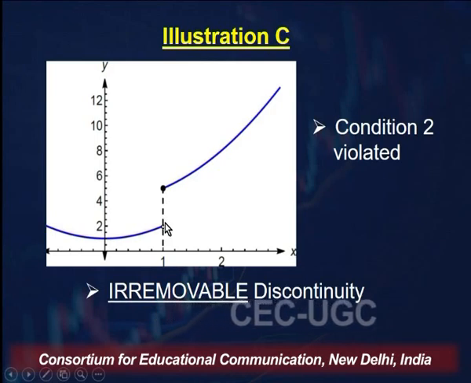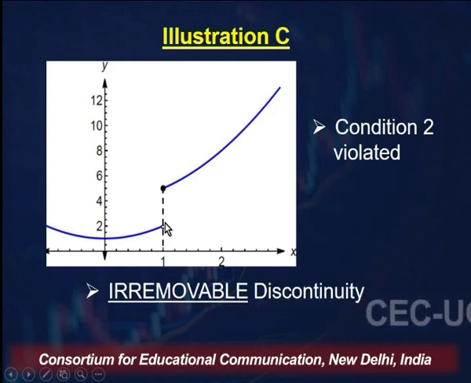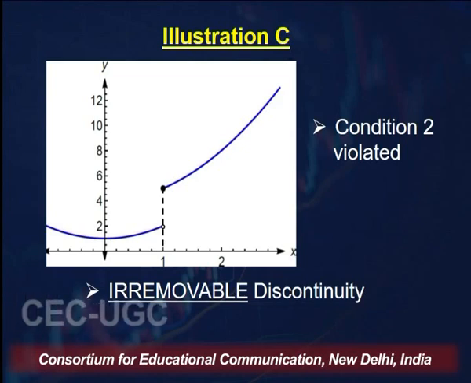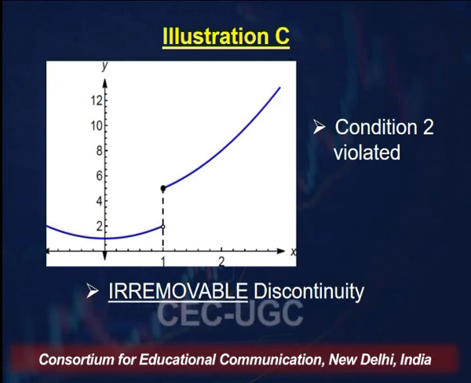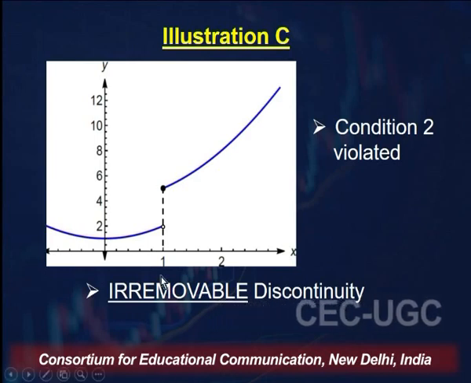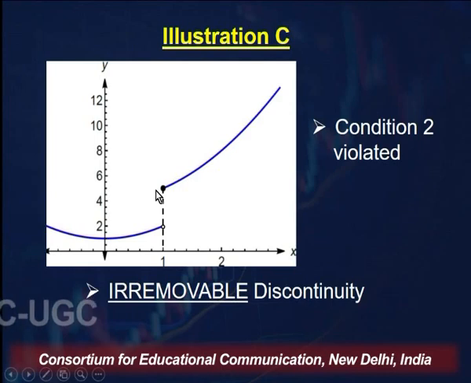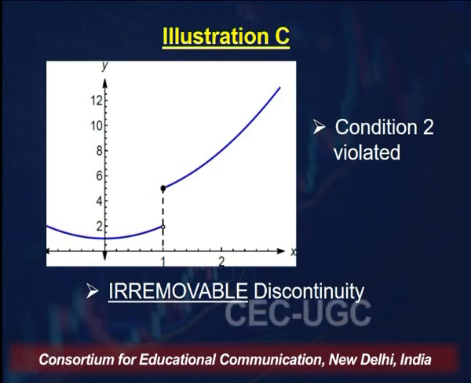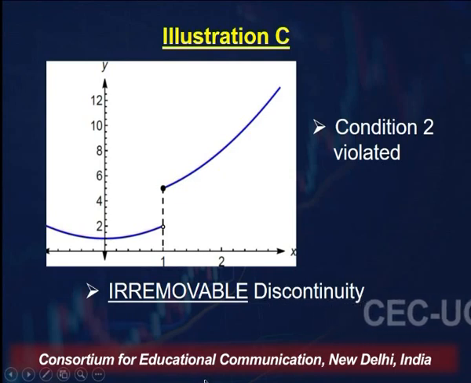Earlier, in the removable discontinuity part, it was just a matter of appropriately defining the function at one point. But here, taking care of this entire jump is a far more serious problem. This jump discontinuity, where condition 2 is violated, corresponds to what we call an irremovable discontinuity.